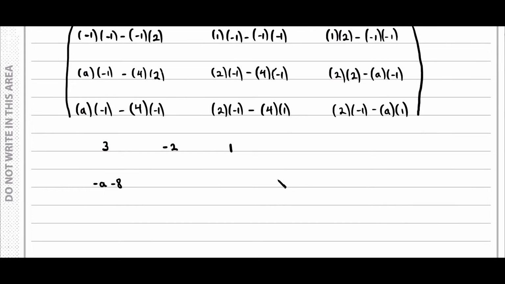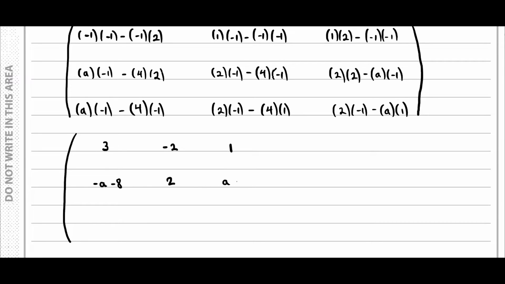And then for the next one we have minus 2 minus 4, which is minus 6. Sorry, correcting the listing: we have minus 2 minus 4, which is 2. And then here we have 4 minus a, which is a plus 4.